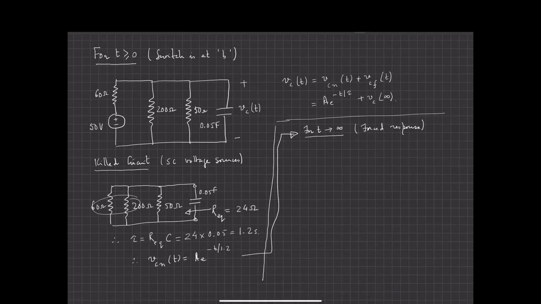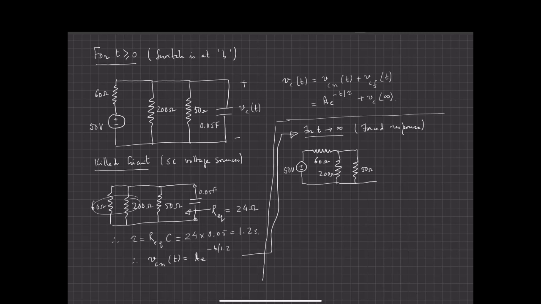It's got this 50-volt source. It's got my 60 ohm resistor. There's my 200 ohm resistor. There is my 50 ohm resistor. Then remember, for large t, the transient response is dead.